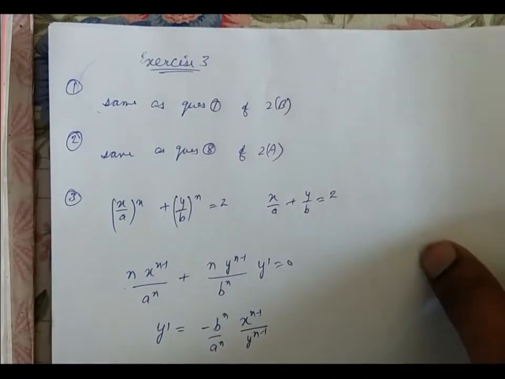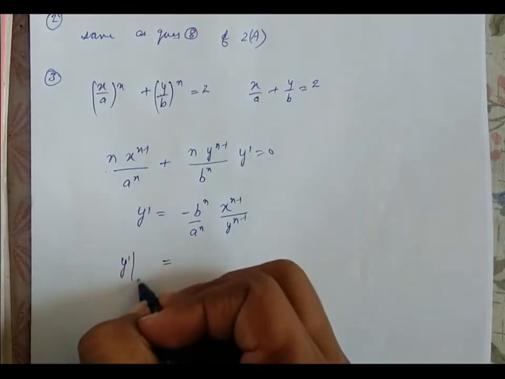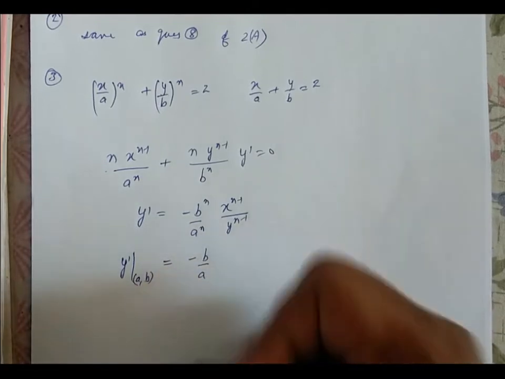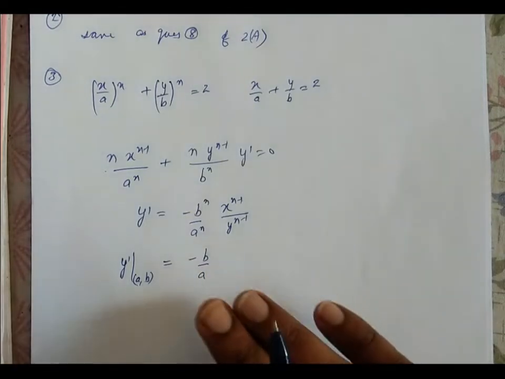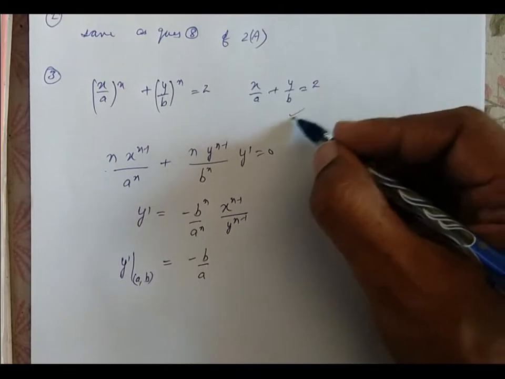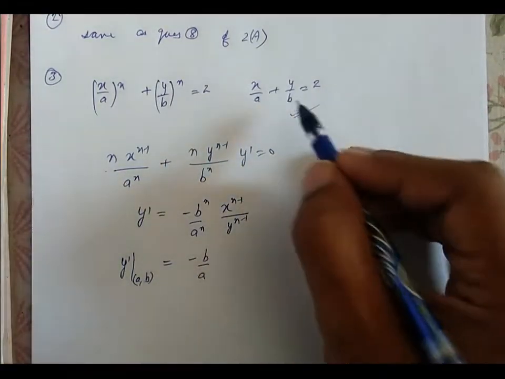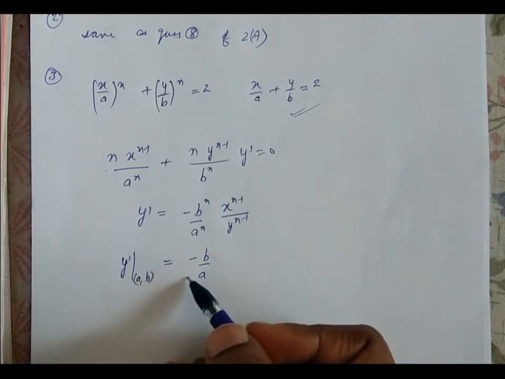So at a comma b, y dash will be equal to minus b by a, which is the same as the slope of this tangent line. Hence this would be the tangent at a comma b.